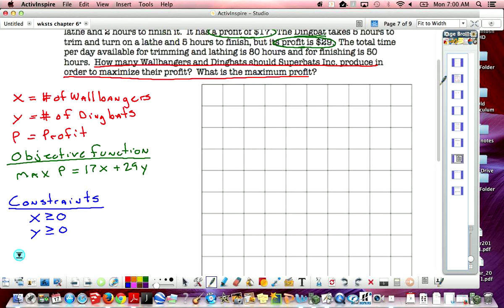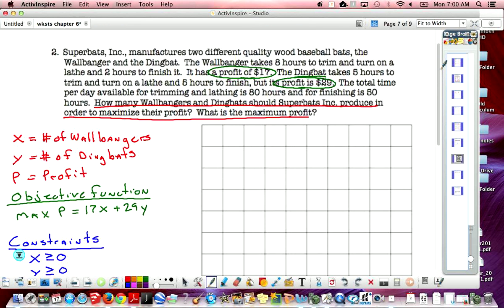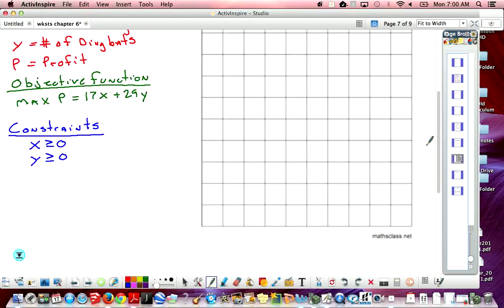Now, our other constraints deal with time making them. So according to our information, it says the total available time for trimming and lathing is 80 hours. So something has to be less than or equal to 80 hours.